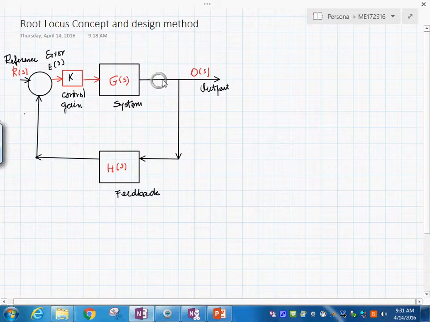You measure a temperature, and the temperature gets transformed into some sort of voltage signal. That's what this feedback does. And the setting temperature also is like a reference voltage that you have set up. Let's say you want the temperature to be 80 degrees. So if the measured signal from here is not 80 degrees, let's say 75, the error is 5.